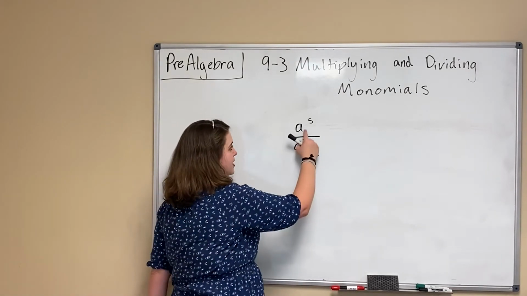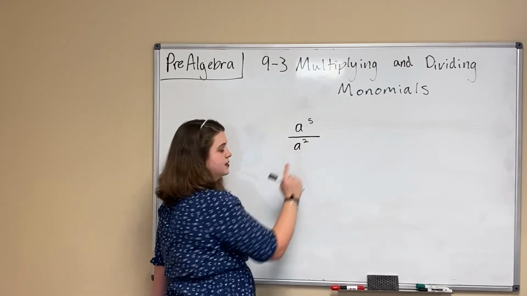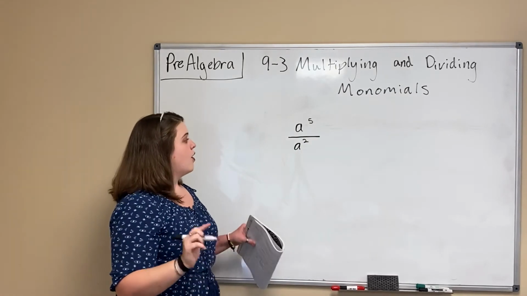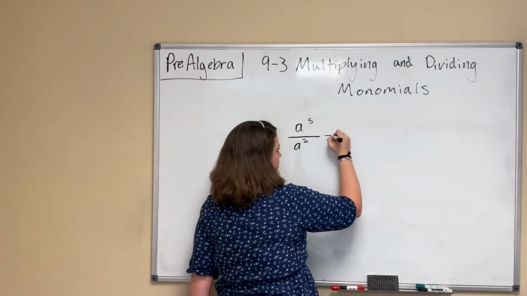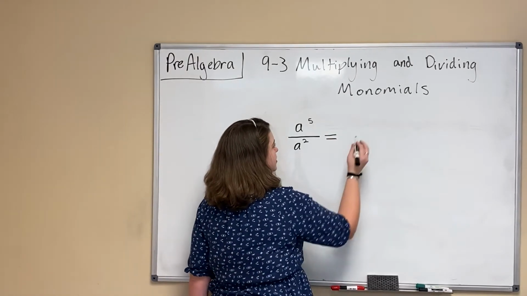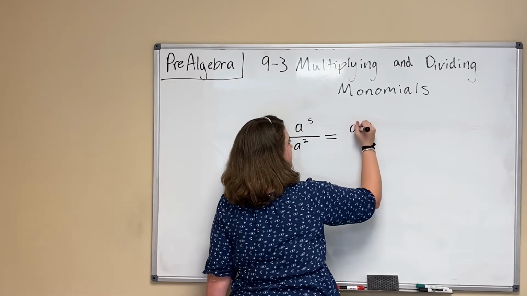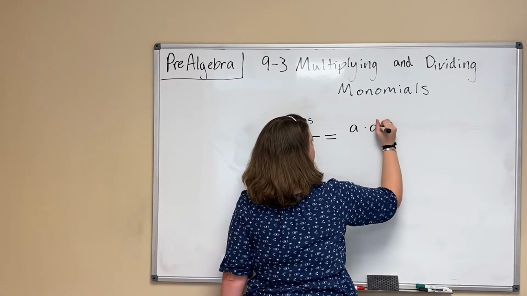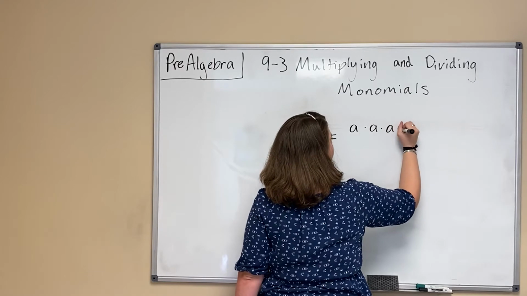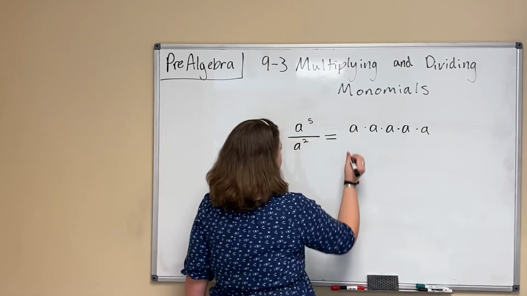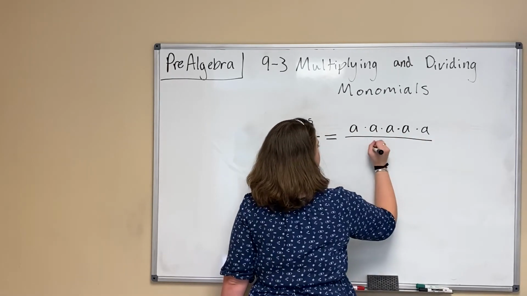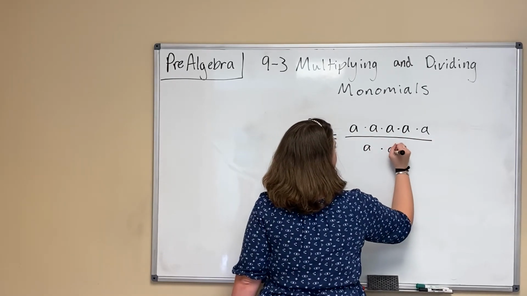This stands for a to the fifth divided by a to the second. All I'm going to do is the opposite of what I did before. Let's write it out. A to the fifth is a times a times a times a times a, 5 times. A to the second is a times a.